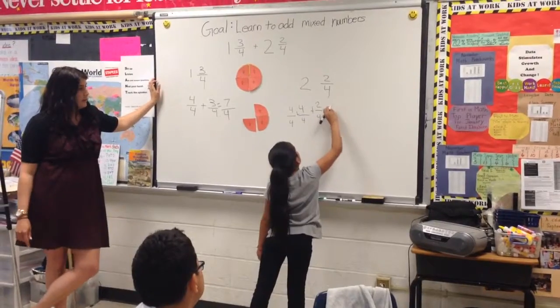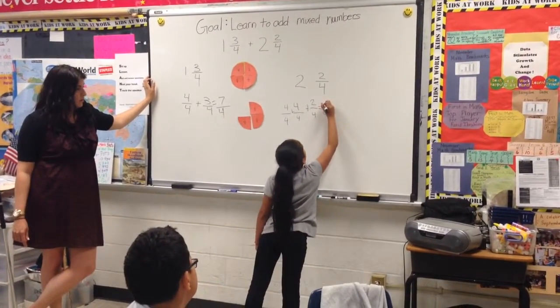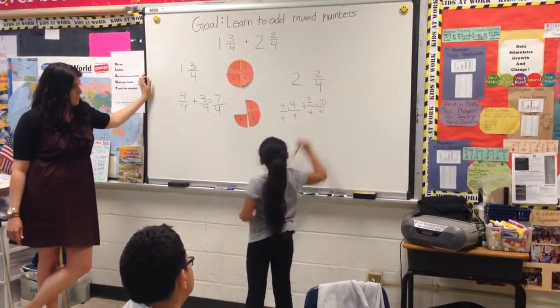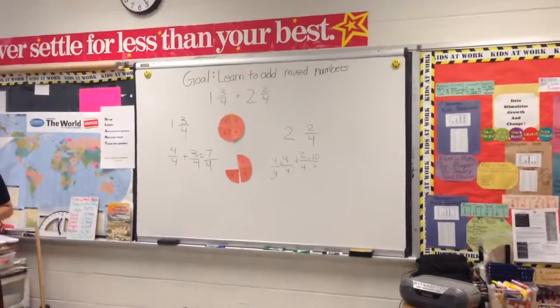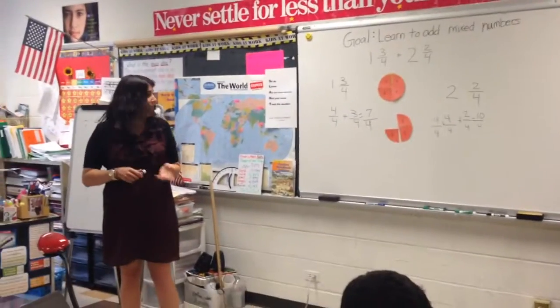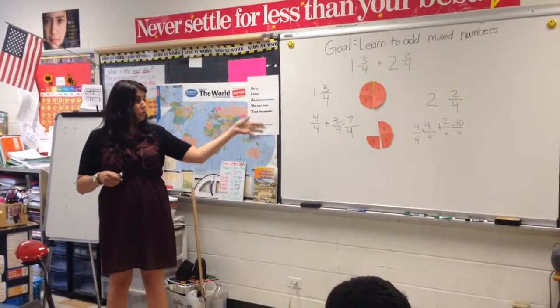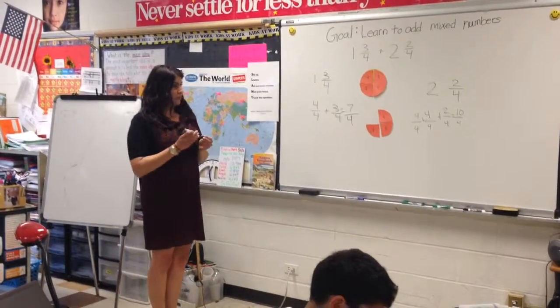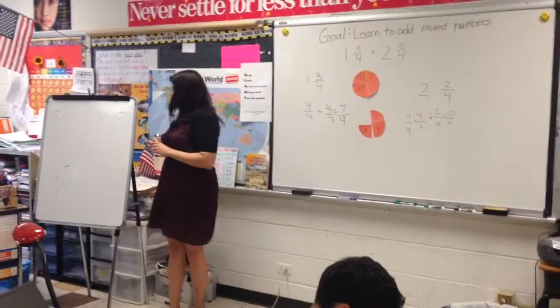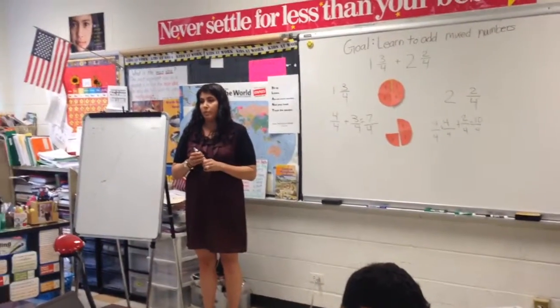So what would the answer be? 10. So our denominator still stays the same, and we just add the numerators on the fractions to get our improper fraction.